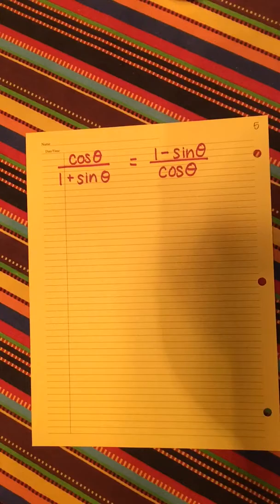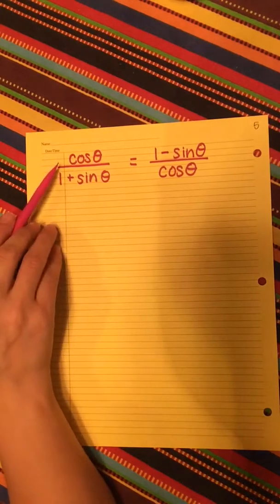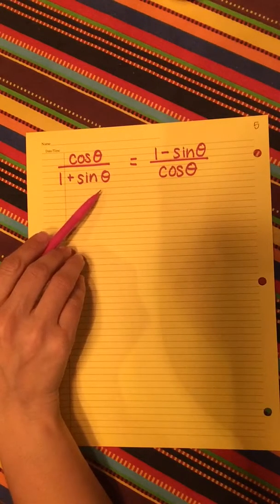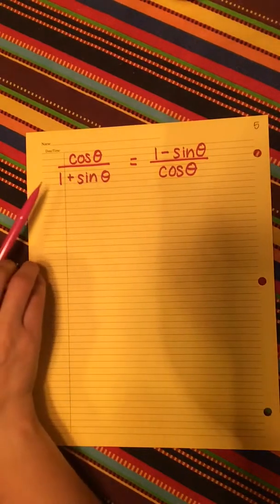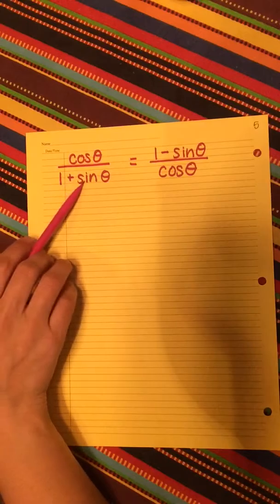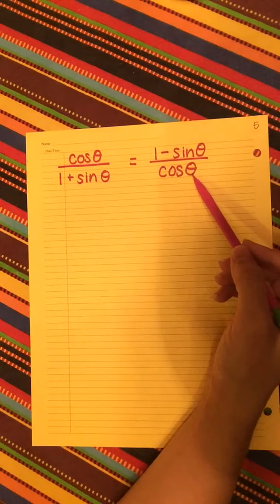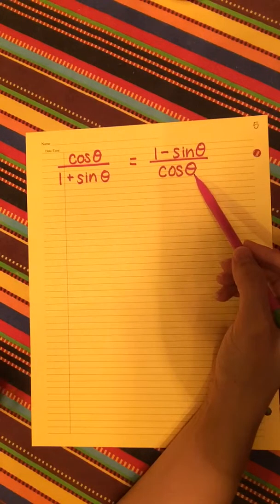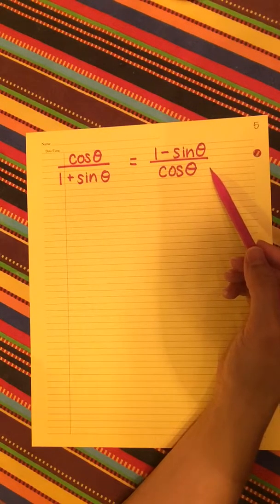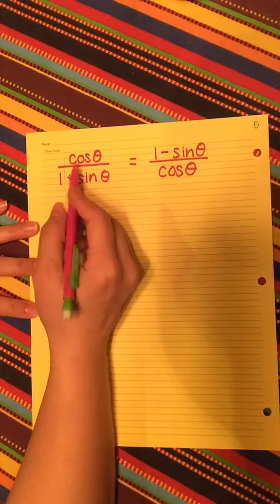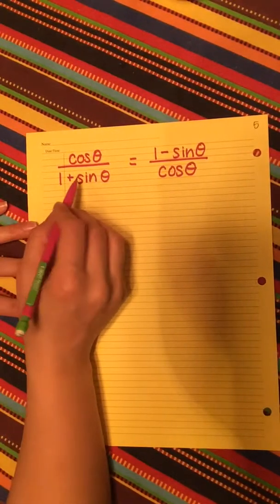Alright, on this one, we have to prove that cosine over 1 plus sine equals 1 minus sine over cosine. Now, right now in our denominator, we have a 1 plus sine of theta, and I need to force a cosine of theta to appear in the denominator. So what I'm going to do is multiply both the top and the bottom by the conjugate.